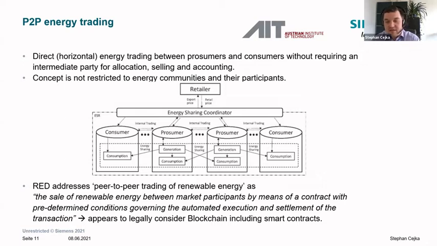So it seems that the European legislation already gives directions towards blockchain technology and smart contracts, but the peer-to-peer energy trading concept is only once more shortly mentioned in the directives, and it is not very clear how and when peer-to-peer trading shall or shall not take place. Also, the Austrian draft does not have any reference to peer-to-peer energy trading.